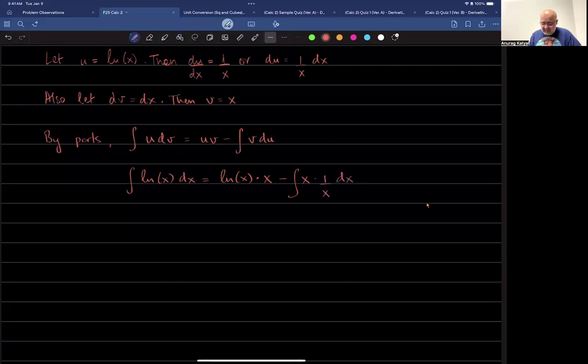So far, so good. Well, x times 1 over x is just 1. So this simplifies now to ln of x times x minus the antiderivative of 1 dx. Well, the integral of 1 is x plus the almighty constant. And that's it.